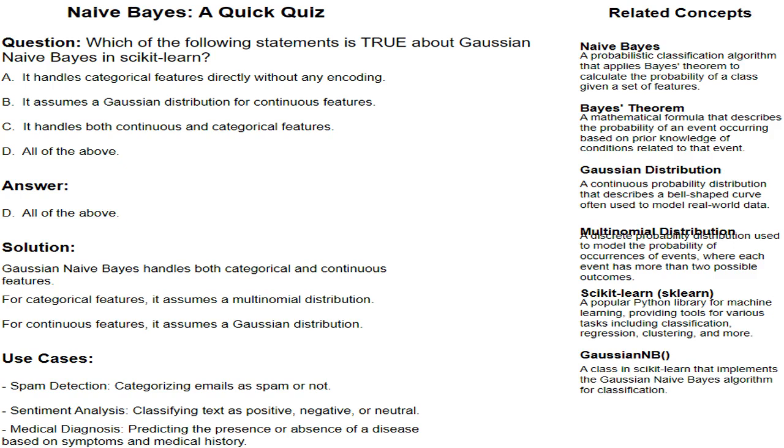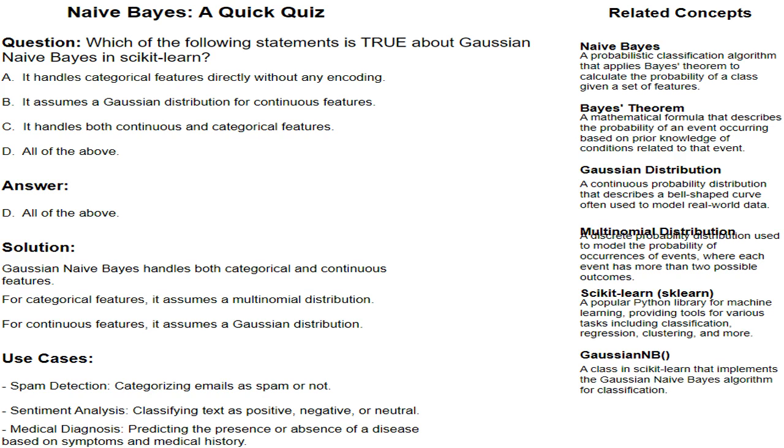Bayes' theorem: a mathematical formula that describes the probability of an event occurring based on prior knowledge of conditions related to that event.